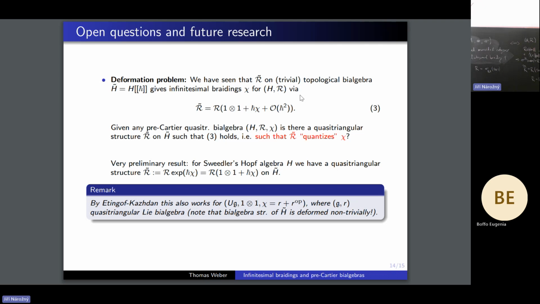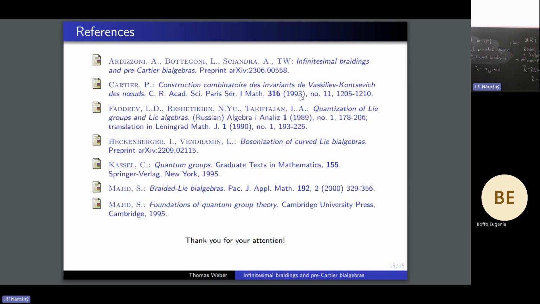Your r here is just 1 tensor 1, so you have just this term on the right side, and they can quantize this, so they can give you the r tilde, but only in this setting here. And what we are trying to understand is if there's a way to have a similar quantization theorem also in this more general setting. Okay, and I think this was everything I wanted to say. Thanks for your attention.